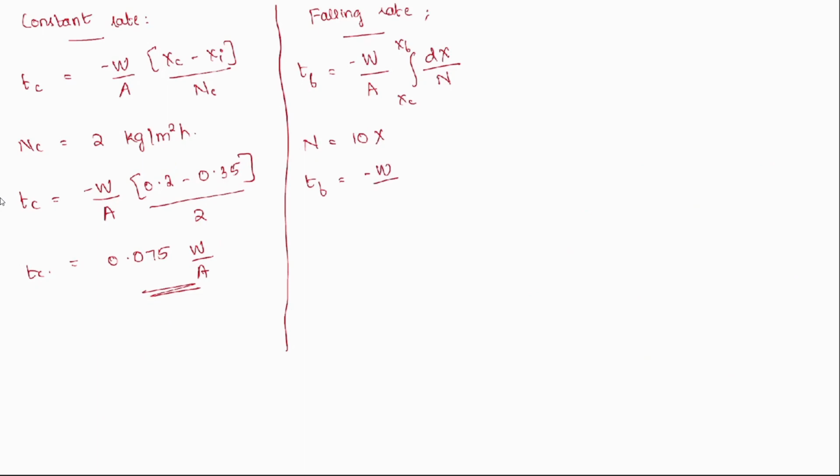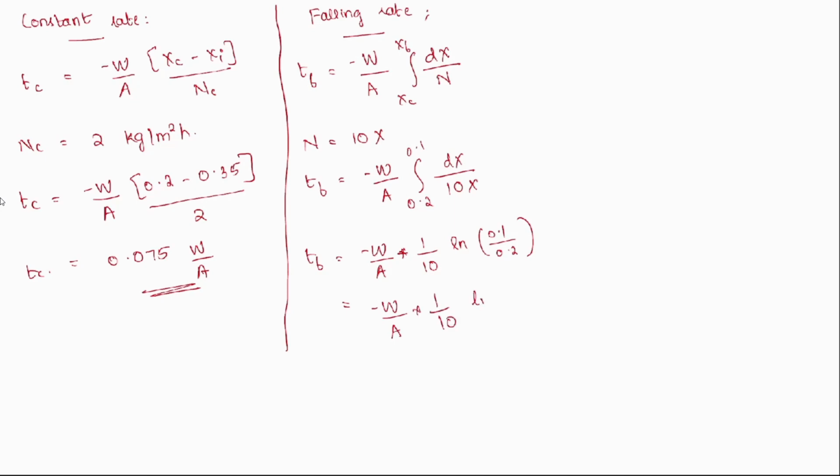So n is equal to 10x. Just have to substitute this in the equation. So Tf is W by A integral 0.2 to 0.1 dx by 10x, and just have to integrate this from 0.2 to 0.1, and we can simplify this further as well. We'll get W by A 1 by 10 ln 1 by 2.